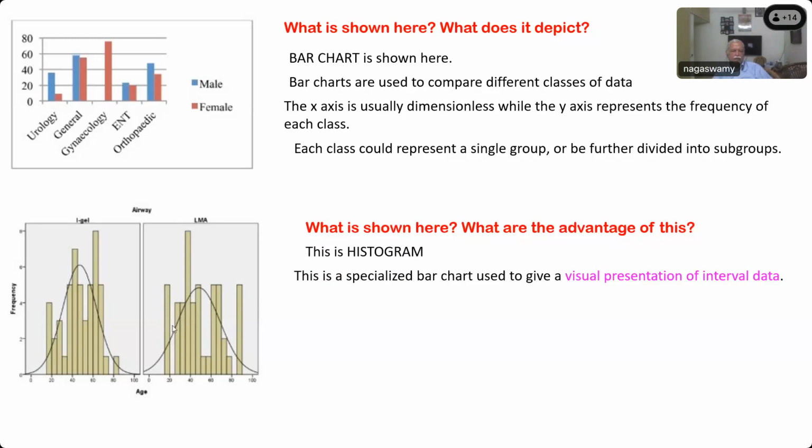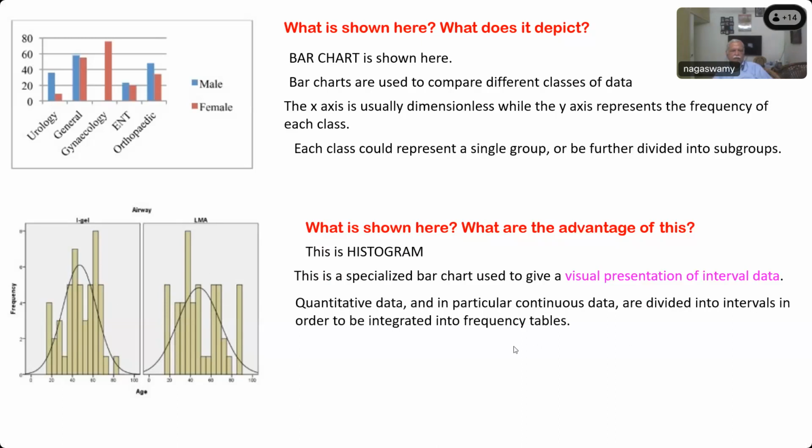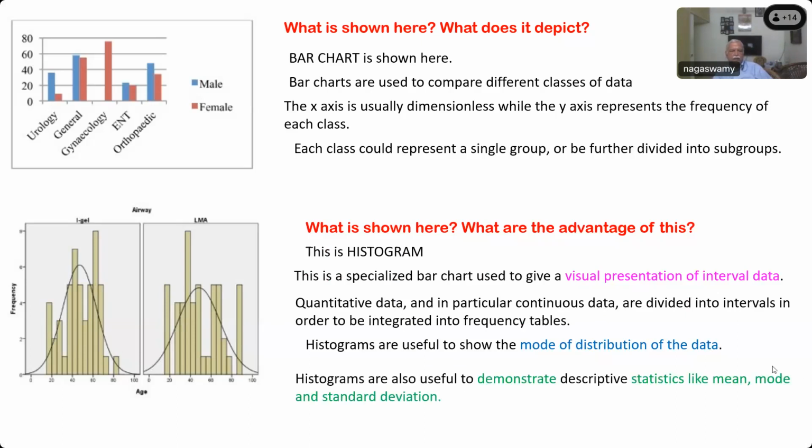It is quantitative data, and in particular, continuous data are divided into intervals in order to be integrated into frequency tables. So histograms are useful to show the mode of distribution of the data, whether they are evenly distributed or unevenly distributed. And histograms are useful to demonstrate descriptive statistics like mean, mode, and standard deviation. All these are obtained only from a histogram, not from a bar chart. So these are the points.